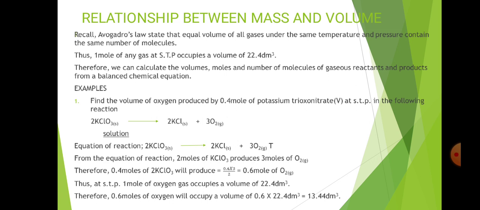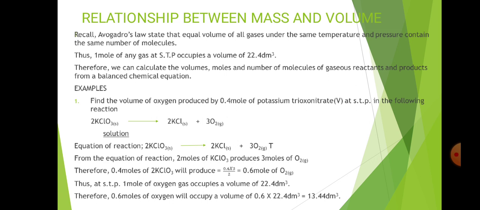Now, from the equation of the reaction, we can deduce that 2 moles of potassium trioxochlorate V will give 3 moles of oxygen. Therefore, 0.4 moles will give 0.6 mole of oxygen. So, take this 0.6 mole of oxygen to volume. Recall, at STP, 1 mole occupies a volume of 22.4 dm3.